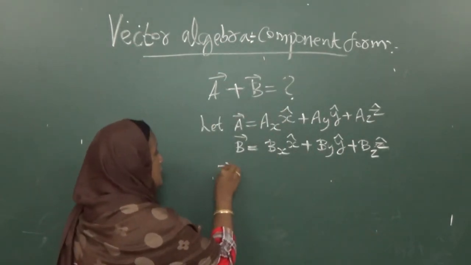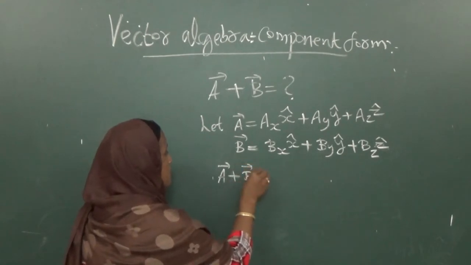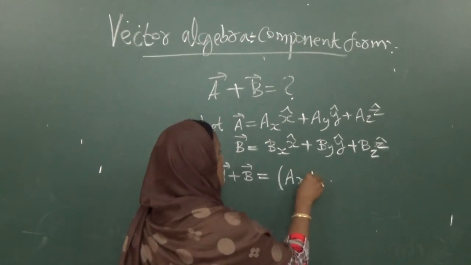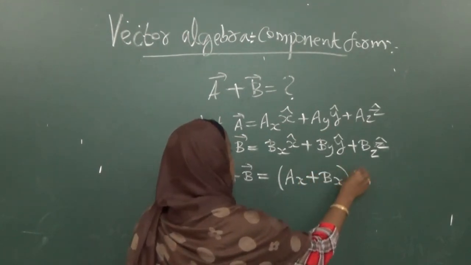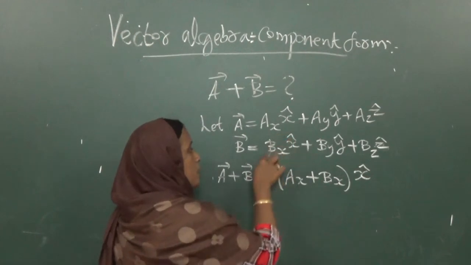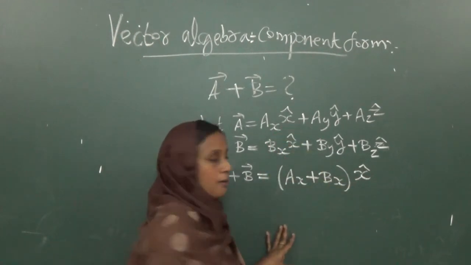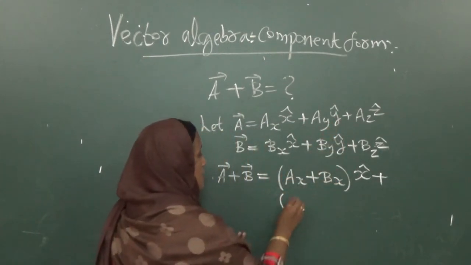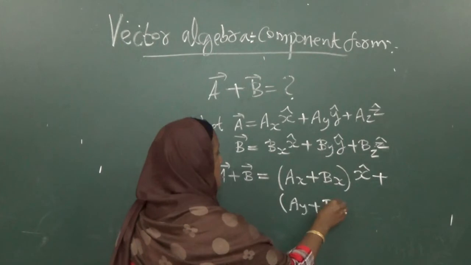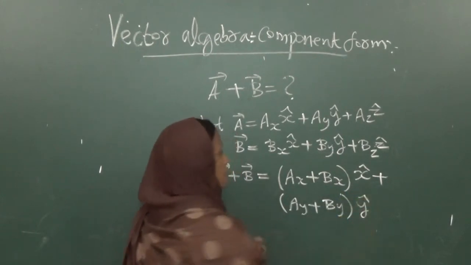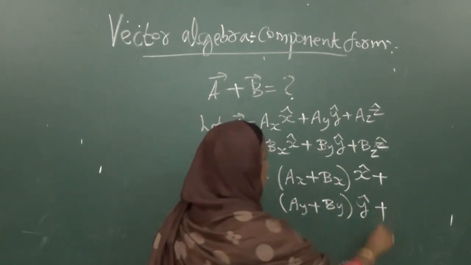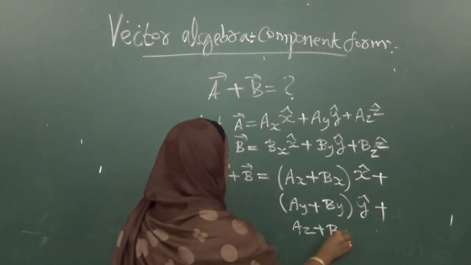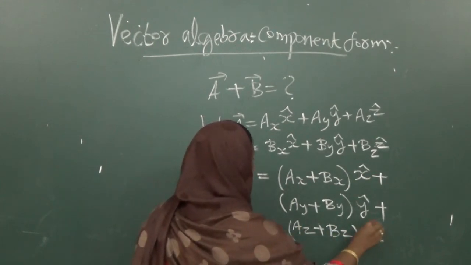That means vector A plus B equal to (Ax plus Bx) x cap plus (Ay plus By) y cap plus (Az plus Bz) z cap.